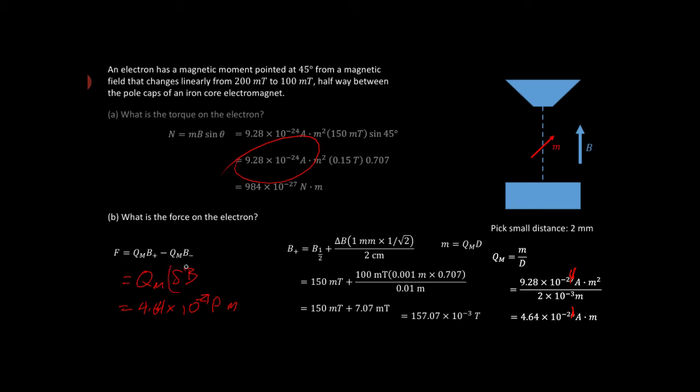Wait, this should be 2 delta B. So we have 2 times 3.54 centimeters, 2 times 3.54 millitesla.